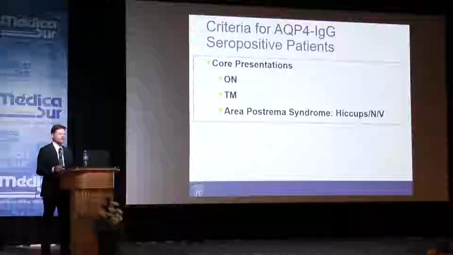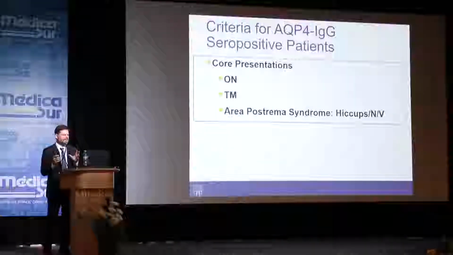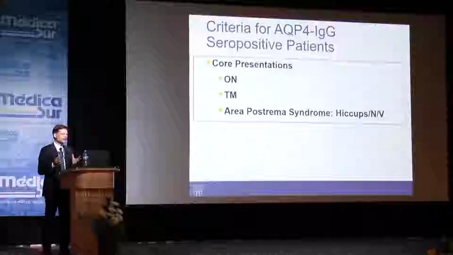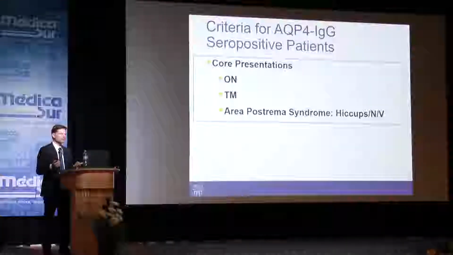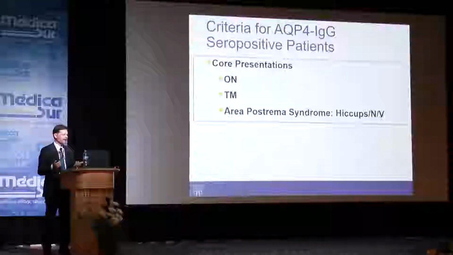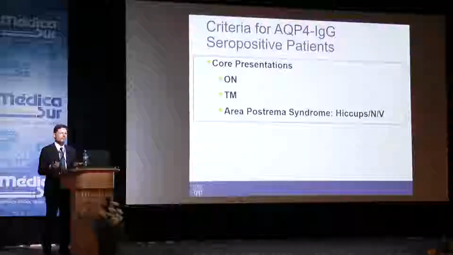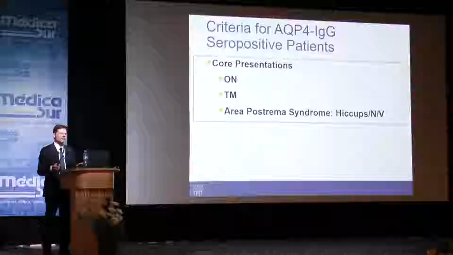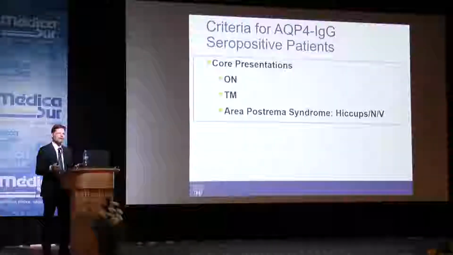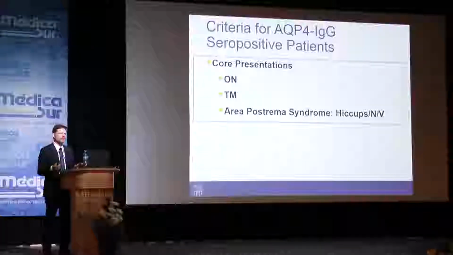And this is how I manage it. I break down the thinking about this disorder into neuroanatomic regions. So there's 6 areas of the central nervous system that can be affected by NMOSD. 3 of them are the most common, what we call the core presentations of the disease. That's optic neuritis, transverse myelitis, spinal cord, and the area postrema syndrome.